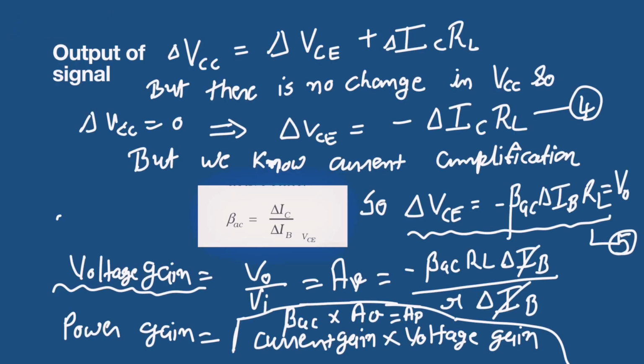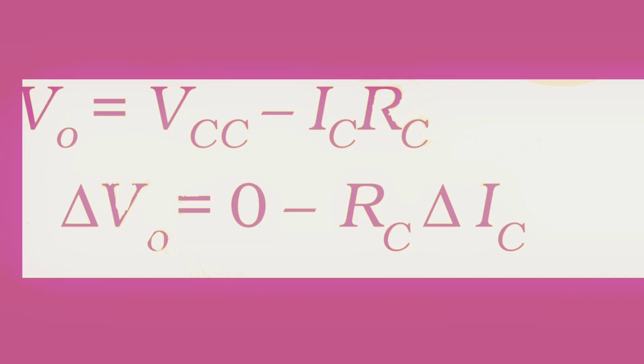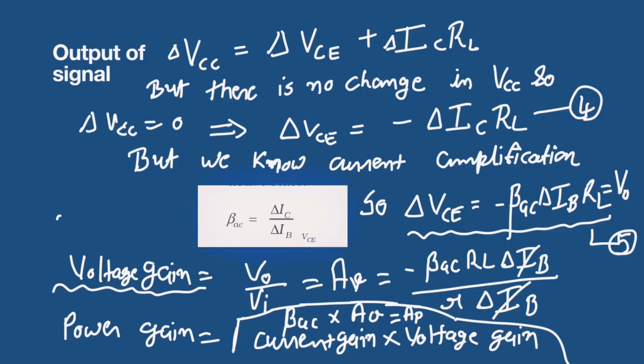So output voltage: delta VCC is equal to delta VCE plus delta IC RL. But there is no change in VCC, so delta VCC will be 0. And when we are talking about output voltage, we can take load resistance RL instead of RC. No change means you can take 0. So delta VCC is equal to 0.